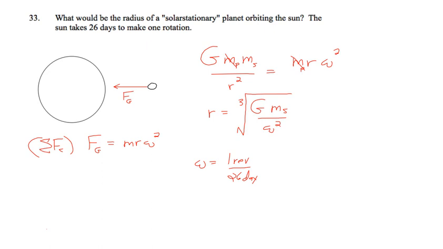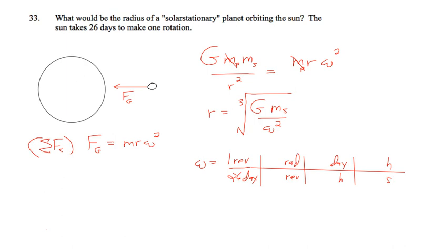Anytime you have omega, it has to be radians per second. So I'm going to do that in a few steps here: from rev to radian, from day to hour, and from hours to seconds. And that'll be the conversion, and then I'll have all the numbers that I need to substitute in.